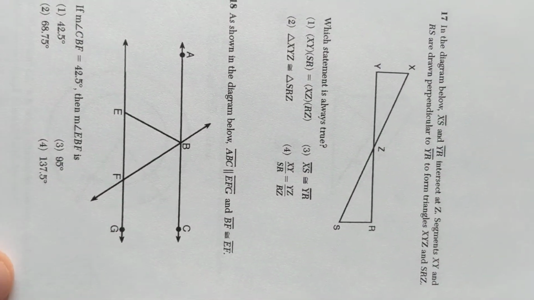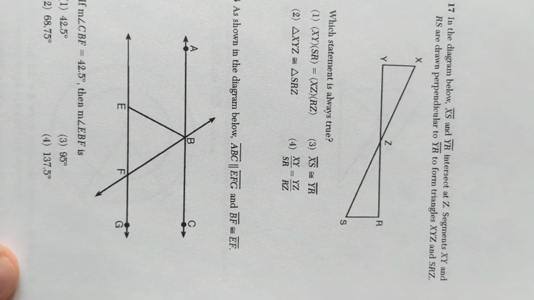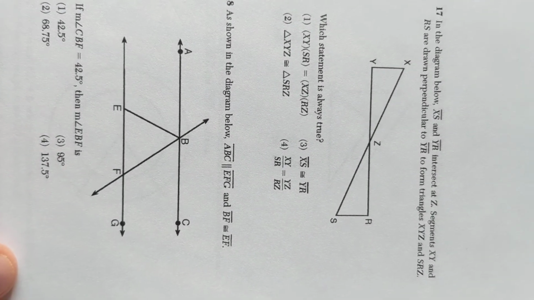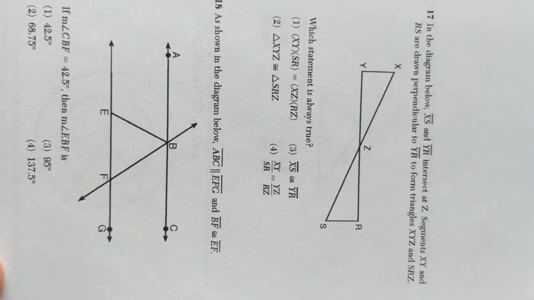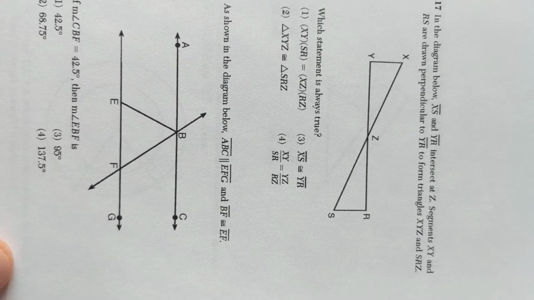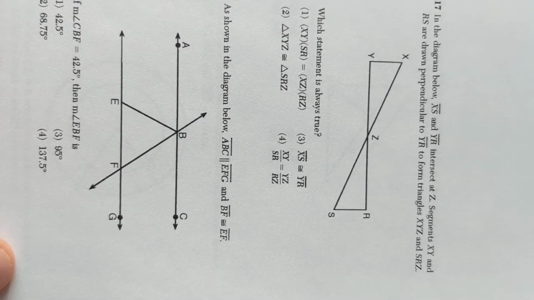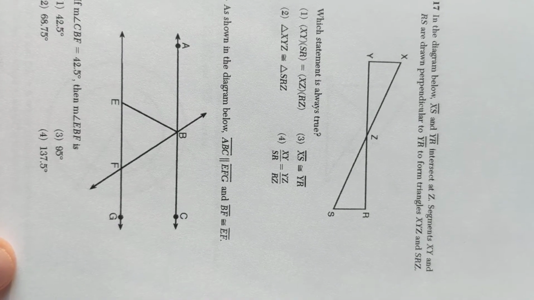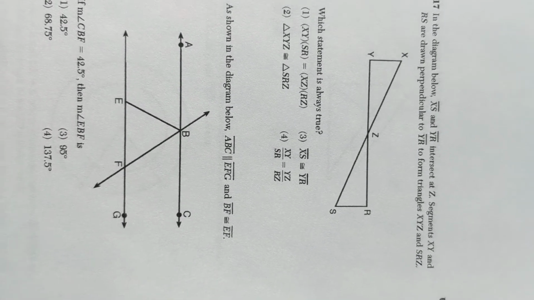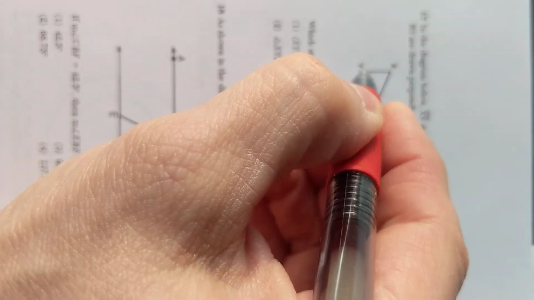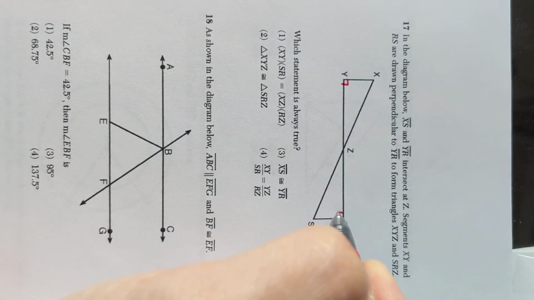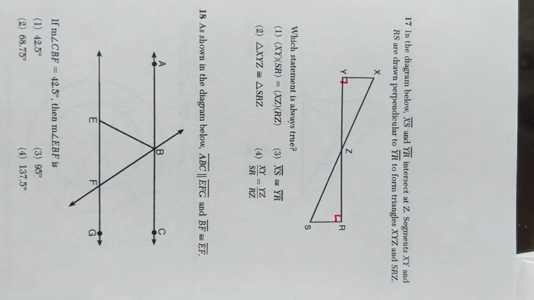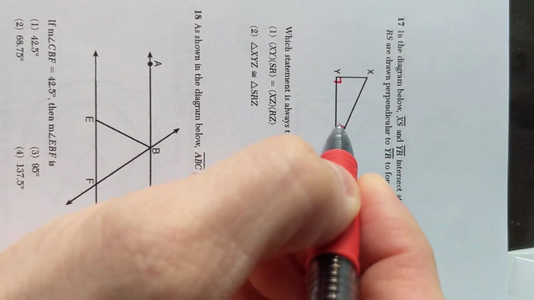In the diagram below, XS and YR intersect at Z. Segments XY and RS are drawn perpendicular to YR to form triangles XYZ and SRZ. So these are right angles. Okay, and we know vertical angles are congruent.